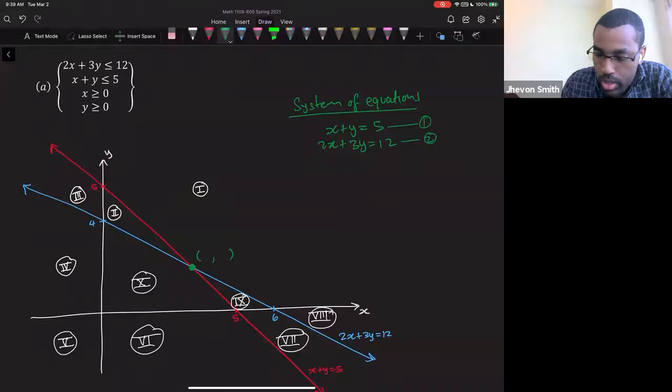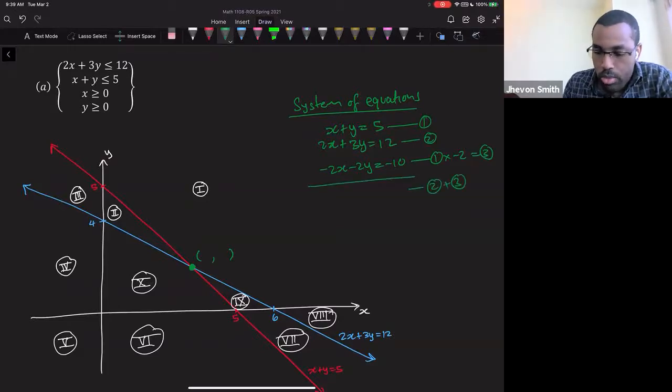We could multiply equation 1 by -2. Call that equation 3. Then I can add that to equation 2. I have 2x minus 2x, so those are gone. 3y minus 2y leaves me with 1y. And 12 minus 10 leaves me with 2.